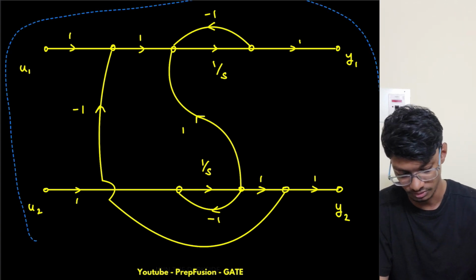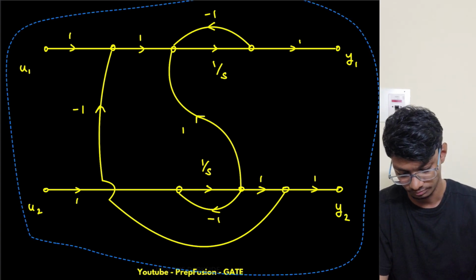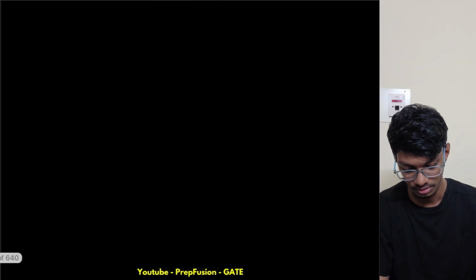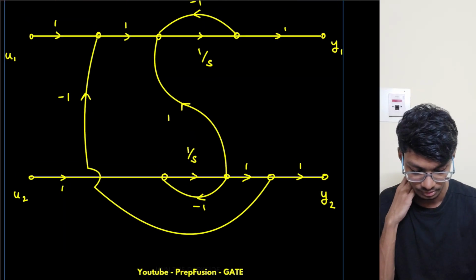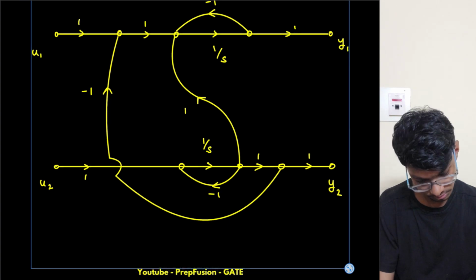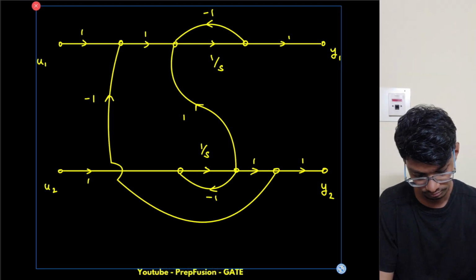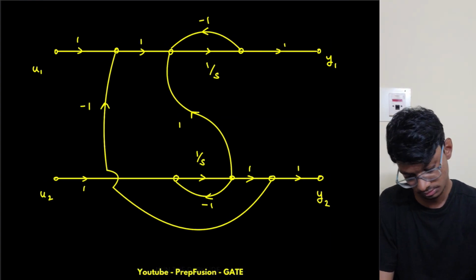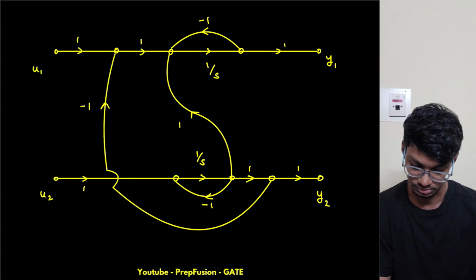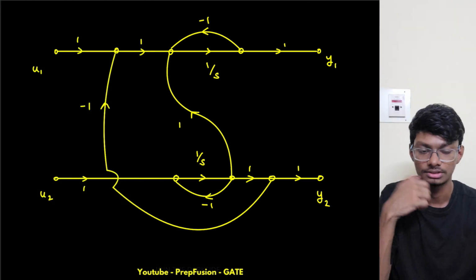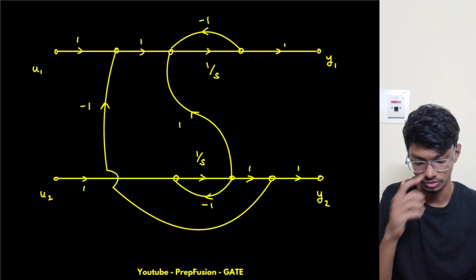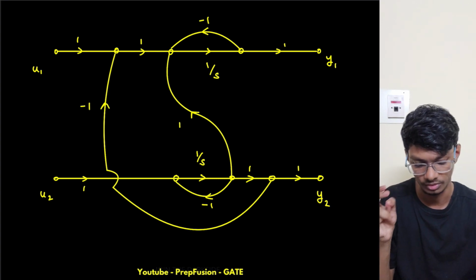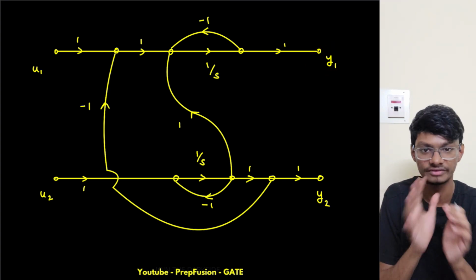So let me copy this, okay? And let me paste this over here, okay? And what I will do is name the state variables. On the top I am writing x1 because here I have been given y1. It's just a convention, okay?